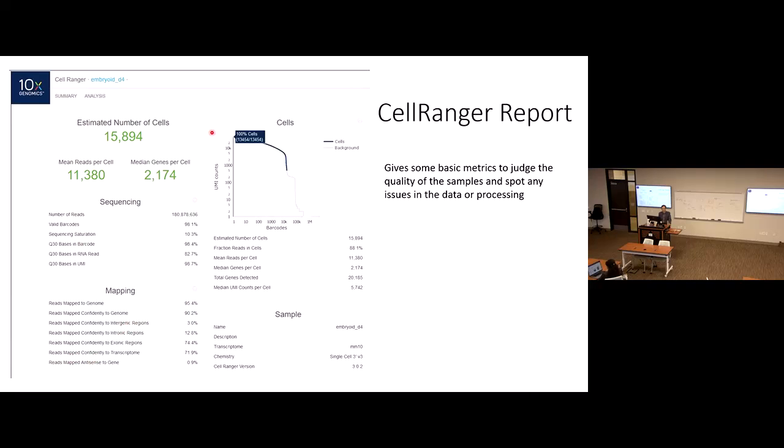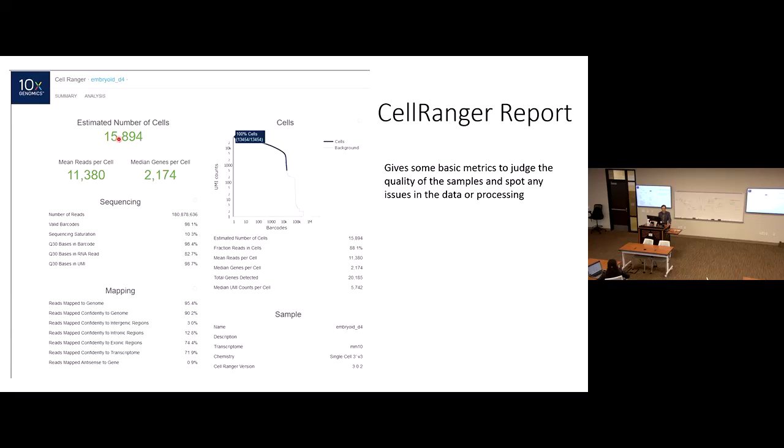But this is a report that Cell Ranger will create. It will tell you in your sample how many cells have been sequenced or got information from, and how many genes per cell. You need to have some feeling about those numbers.